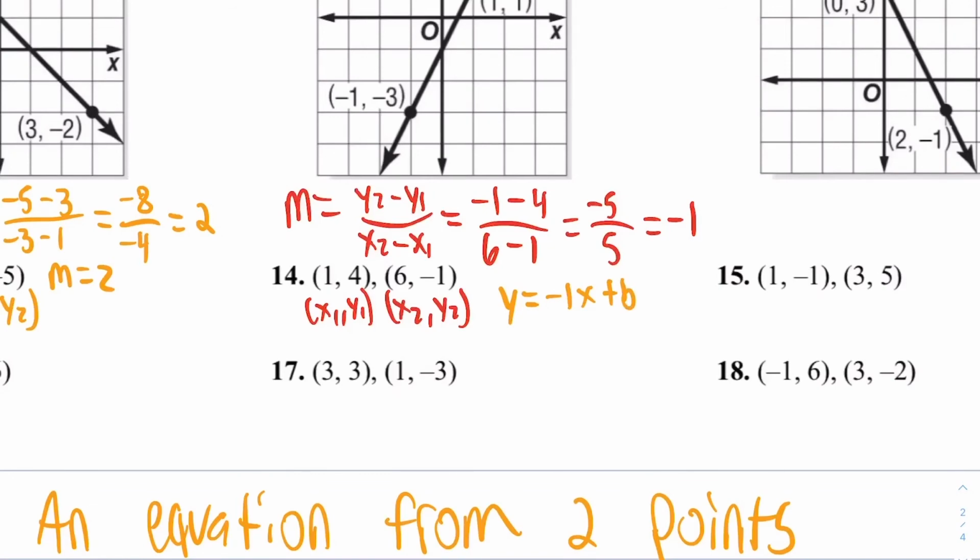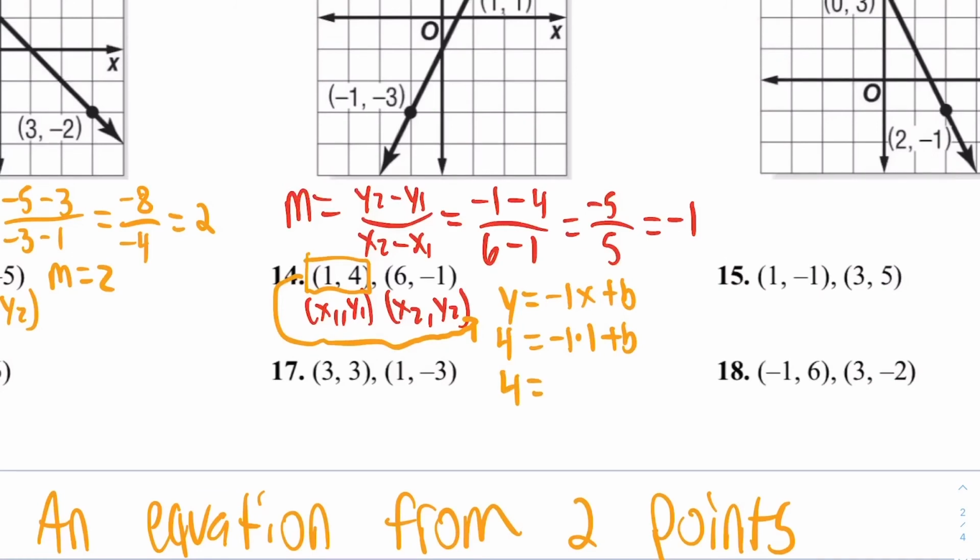Then, if we're going to solve for b, we need to fill something in for y and x. So let's fill in this point. 4 for y, and then copy the slope, -1, times 1 for x, plus b. We took this one, and we plugged it in for y and x.